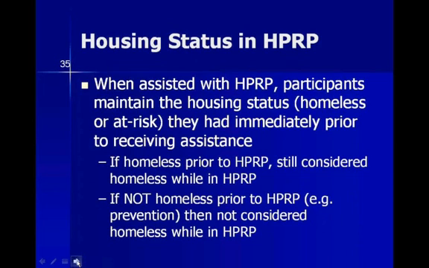Persons who are assisted with HPRP maintain that housing status after they enter the program. So for purposes of eligibility for other programs, that housing status that they had upon entry is maintained until they exit the program.